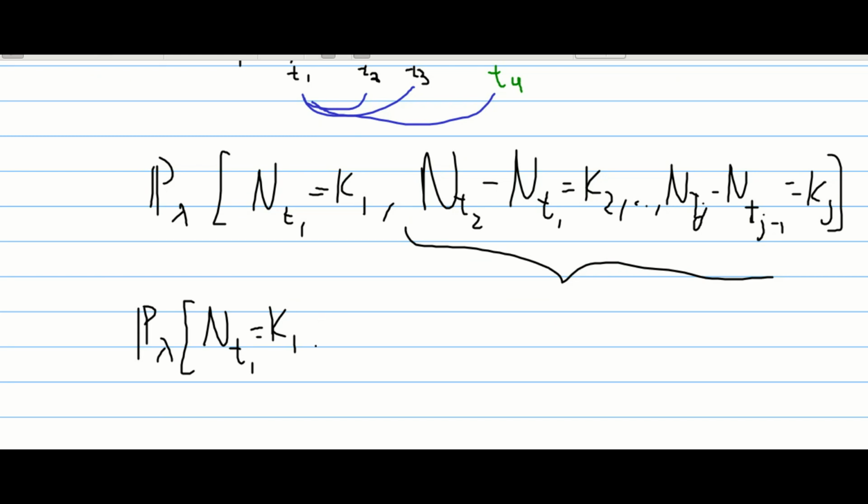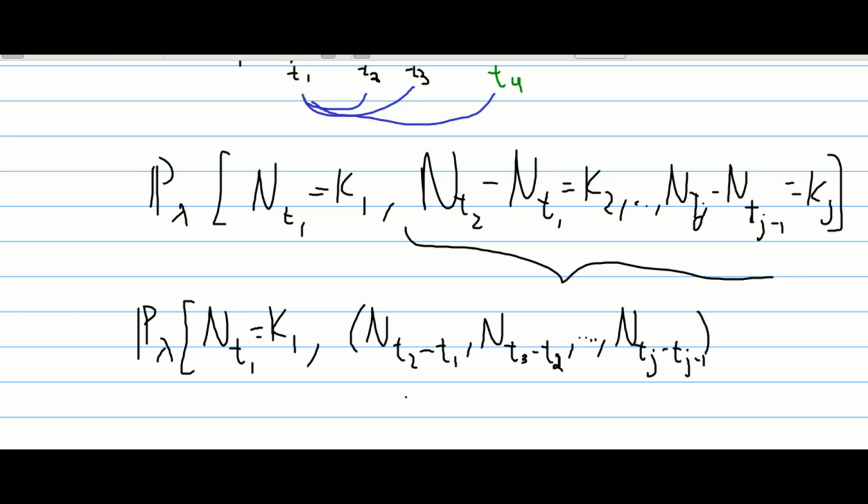And here we have the vector nt2 minus t1, nt3 minus t1, sorry, minus t2, ntj minus tj minus 1 is equal to k2, kj.